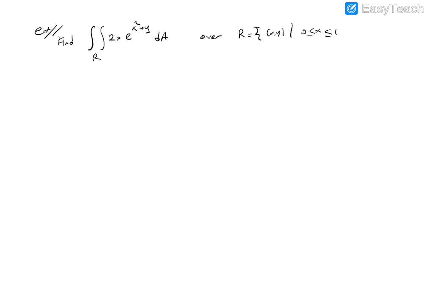Easy example. Our aim is to calculate this integral, 2x e to the power x squared plus y dA on the region R. R is the region that consists of the x and y such that x changes between 0 and 1, y changes between -1 and 1.